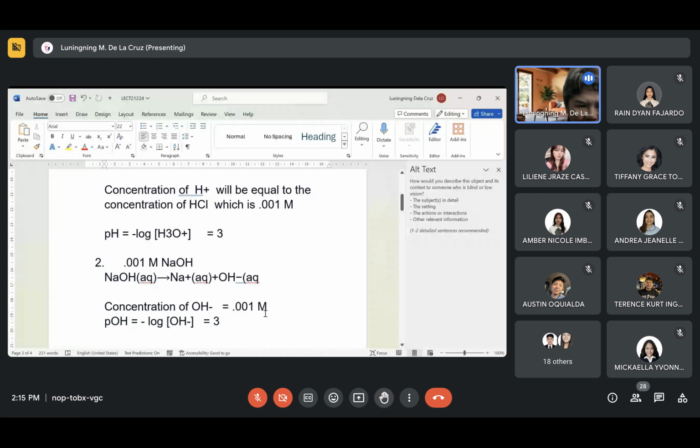And our pOH is negative log OH, and that is also equivalent to 3. Okay ba to? Class, is this clear?